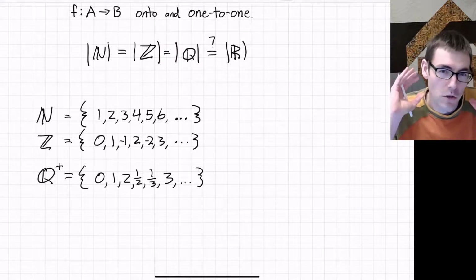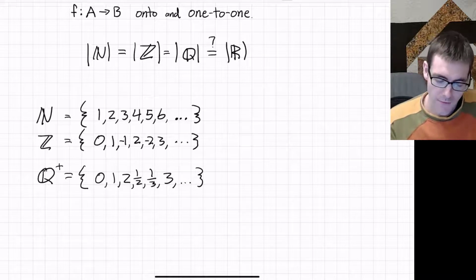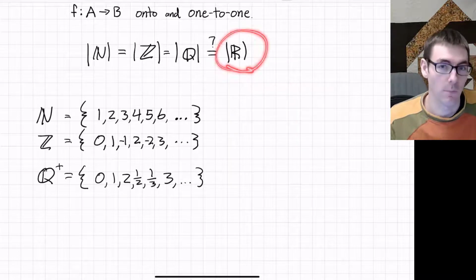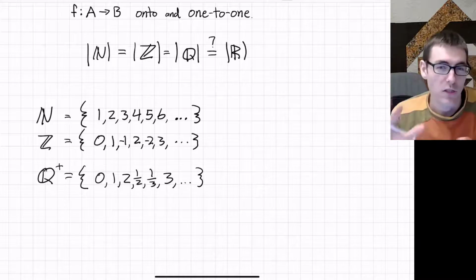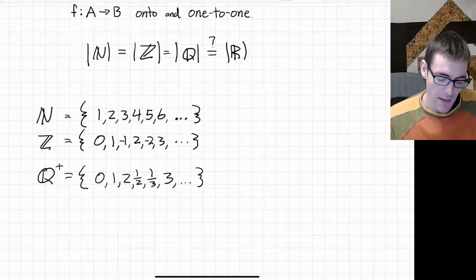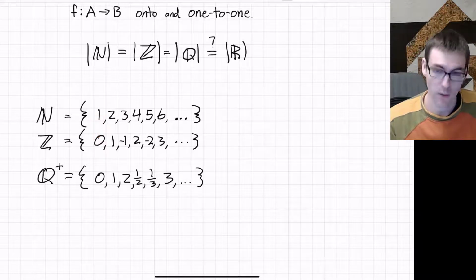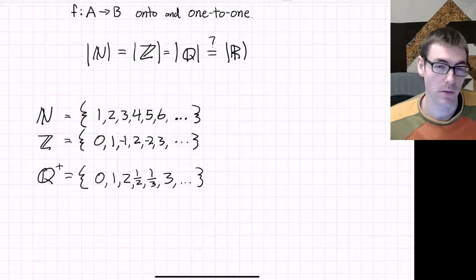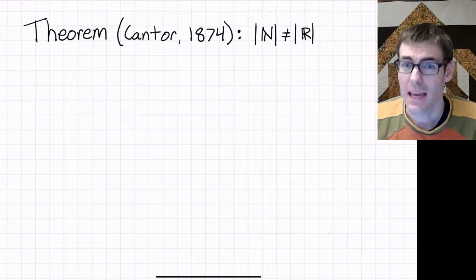There is no possible way of taking the set of real numbers and rearranging them and ordering them in a way so that they line up in a one-to-one correspondence with the set of natural counting numbers. This is Cantor's theorem.